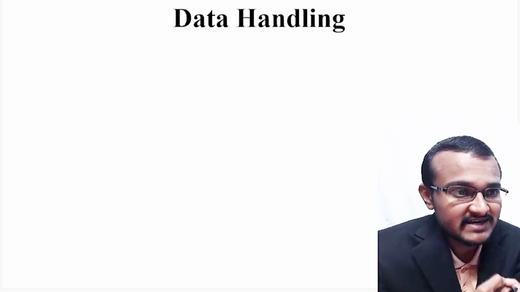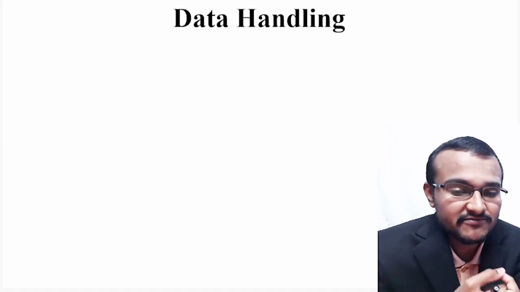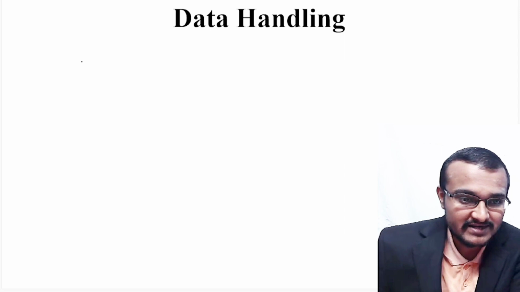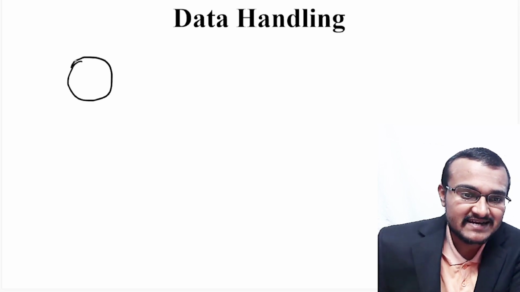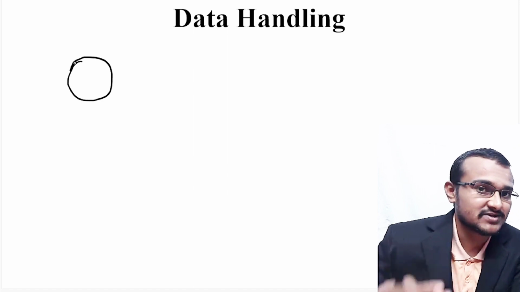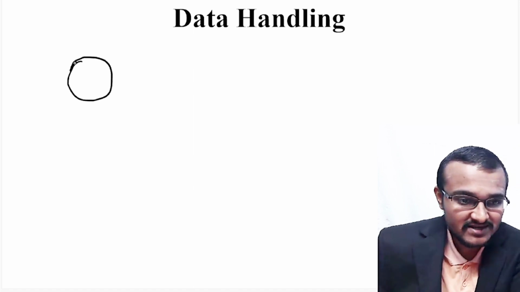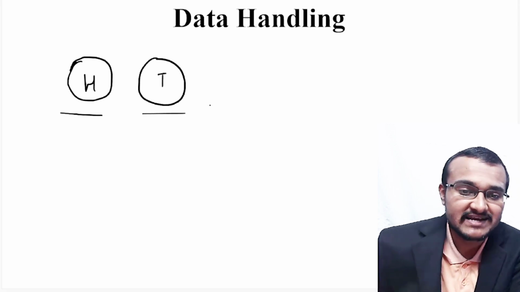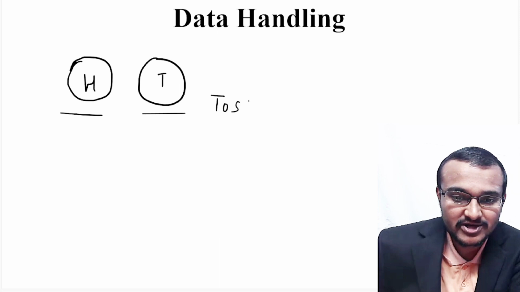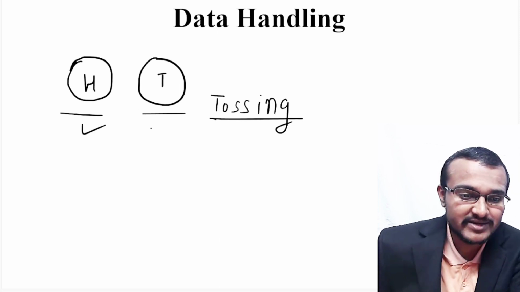If there is an event happening, there will be multiple outcomes in that event. For example, let's say we have a coin, exactly round in shape and made of metal. If head and tail are there on this coin and you toss it, then either you may get head or you may get tail.